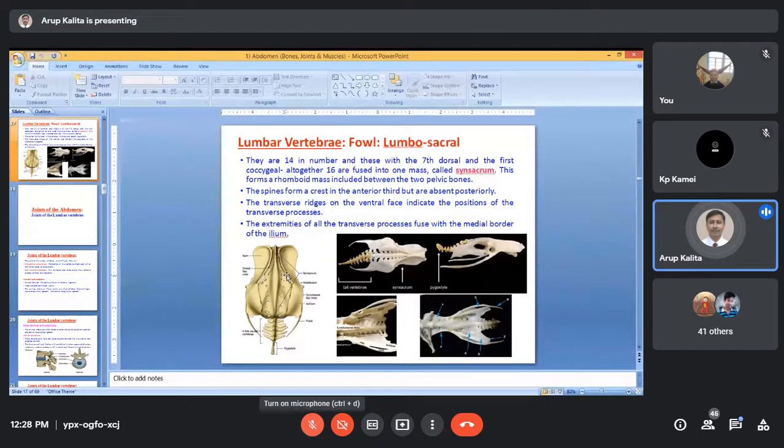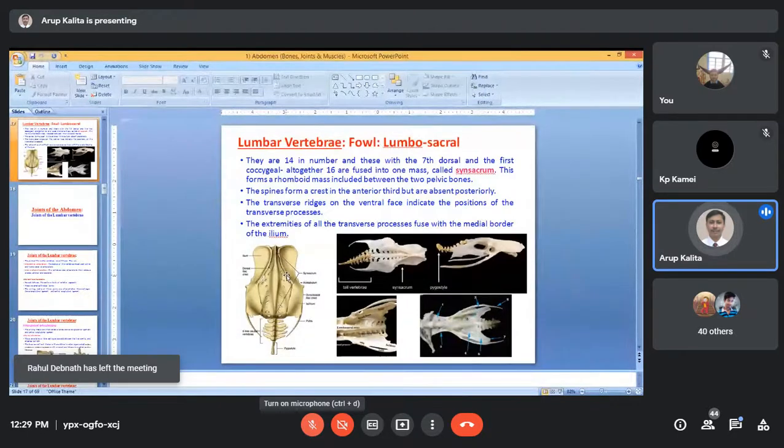Now, what is the peculiarity? In the body, the anterior concave facet and the posterior convex facet have less concavity and convexity. The transverse process is well developed. In case of ox, the transverse process is going forward.